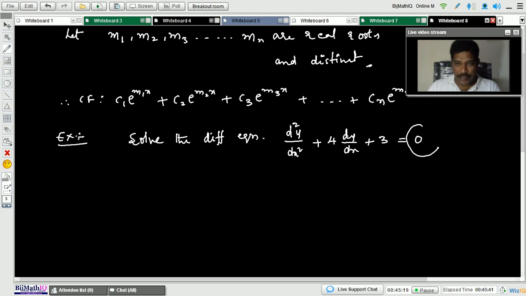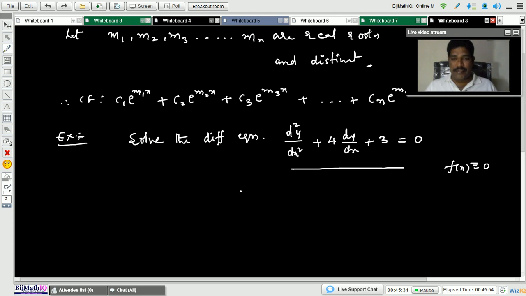Here the right side is equal to 0, there is no input function, that means f of x is equal to 0. So what is the name of this equation? The differential equation name is nth order homogeneous linear differential equation.